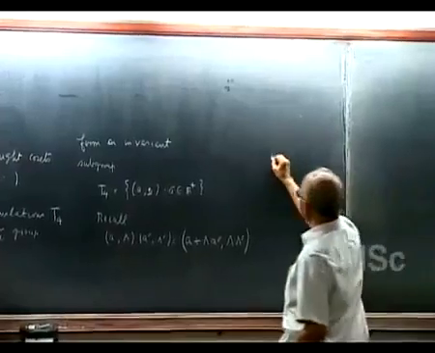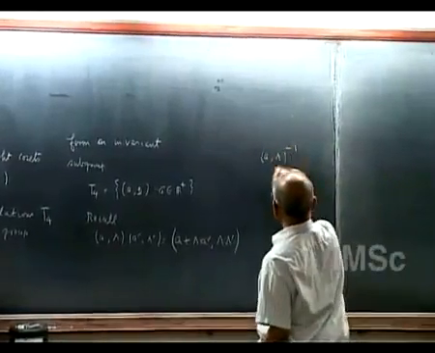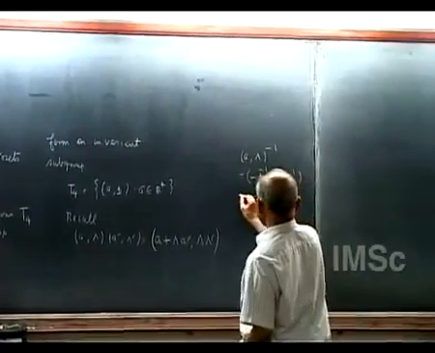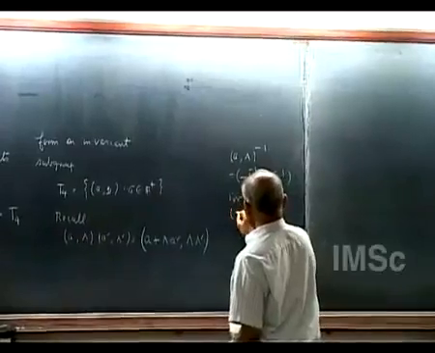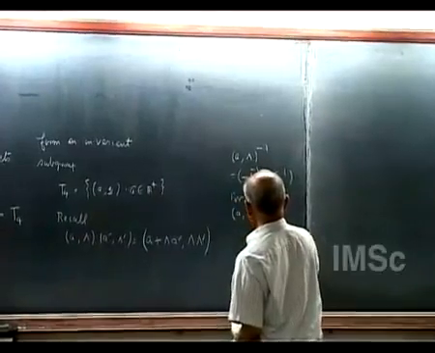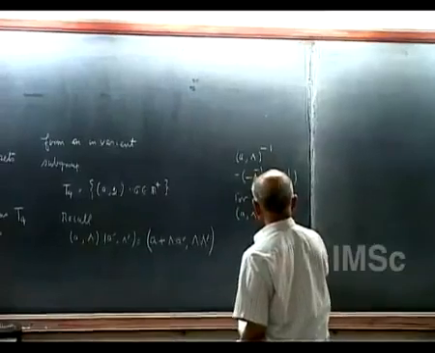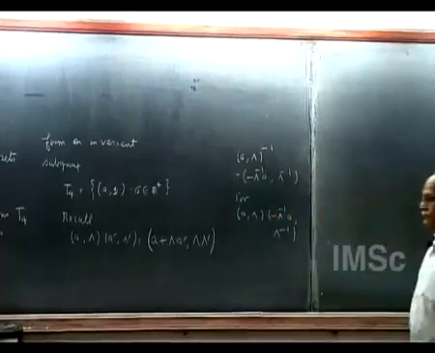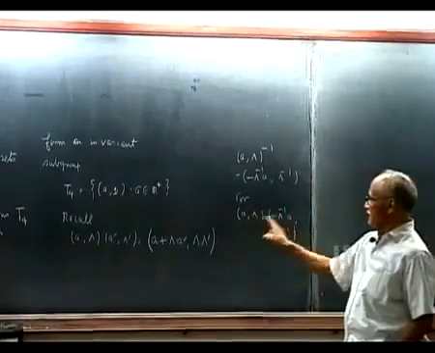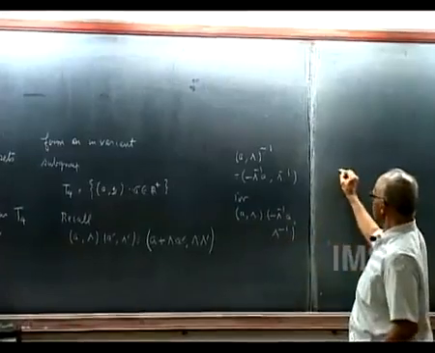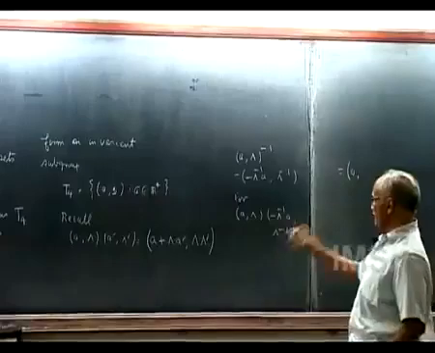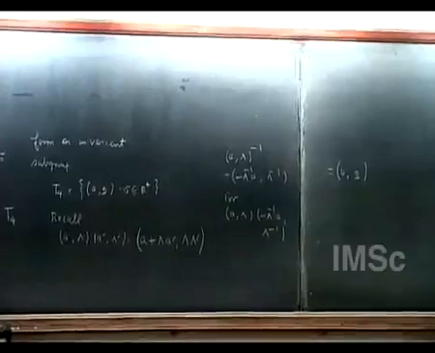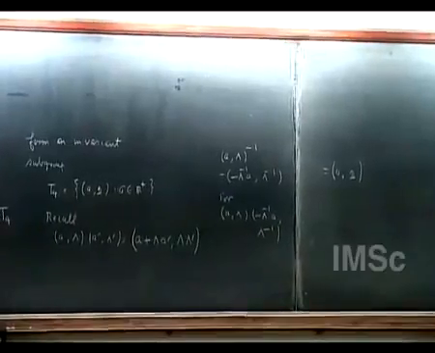We also found (a, lambda) inverse was (minus lambda inverse a, lambda inverse). You can easily see what it is: this object, (minus lambda inverse a, lambda inverse), is a plus lambda acting on this, which is 0, and then you get 1. Agreed? So, this is the inversion.